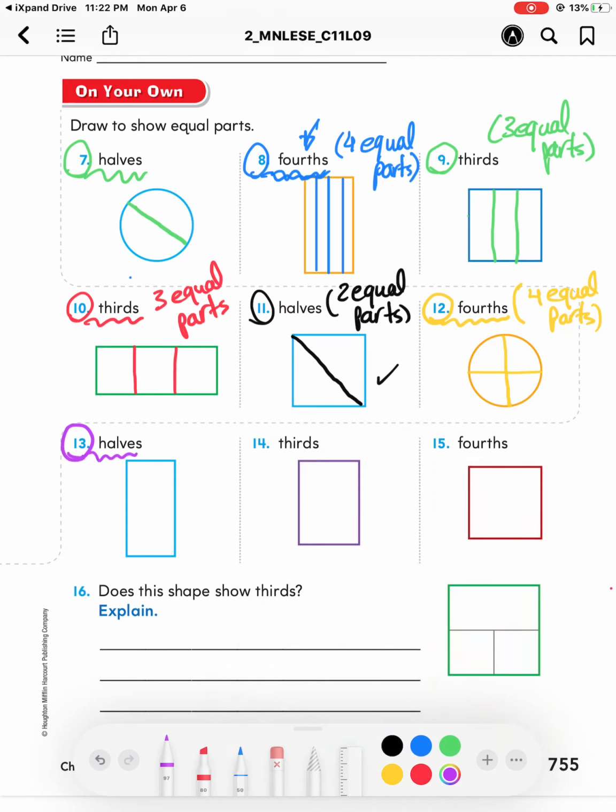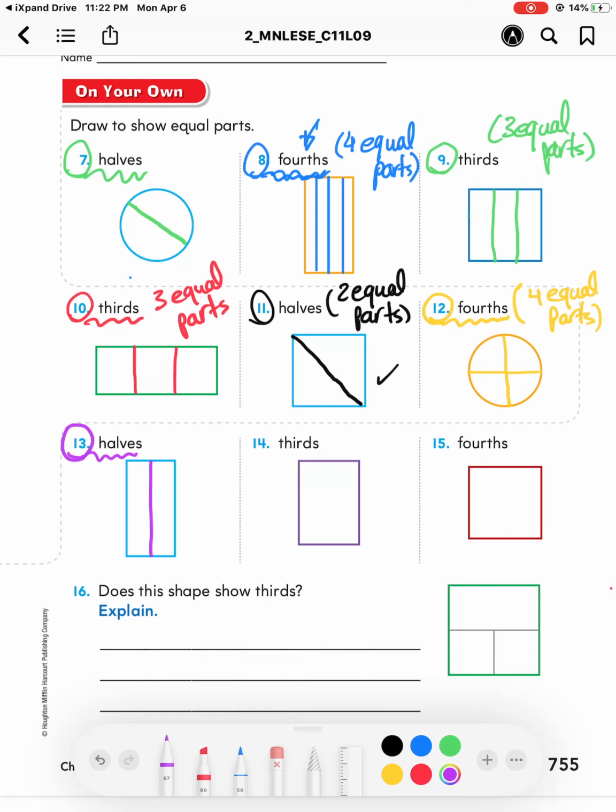It says halves, which means 2 equal parts, okay? So we have different ways here. You can draw it like this and split it into 2 equal parts, or you can draw a line like this and split it into 2 equal parts. So here we have different ways, okay?